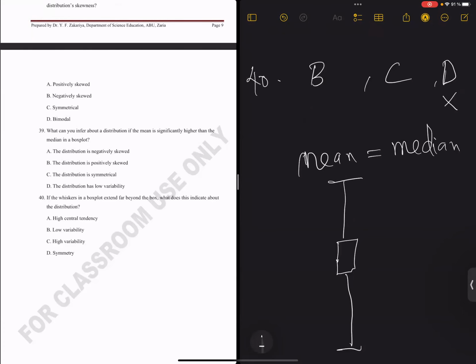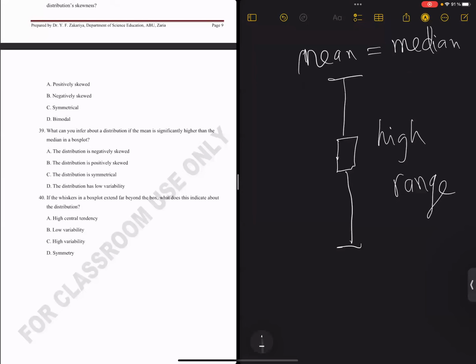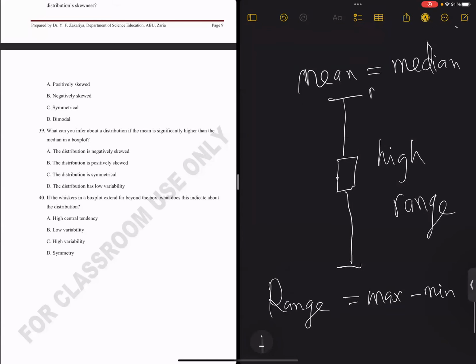Before we talk about low variability, what is the implication of this long whisker? The implication is that you are going to get a high range, because range is maximum minus minimum. The max is the upper part here, and the min is the lower part.